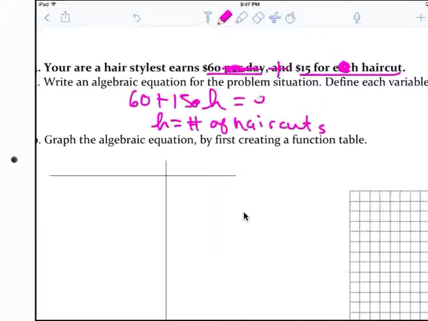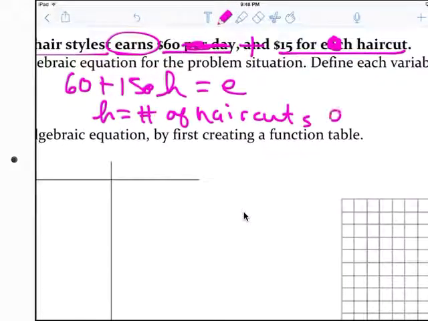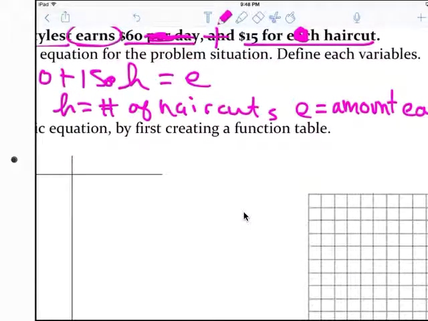And equals E. E equals the amount earned. This is not cost. You are a hairstylist, you're earning. So E represents the amount earned by the stylist.